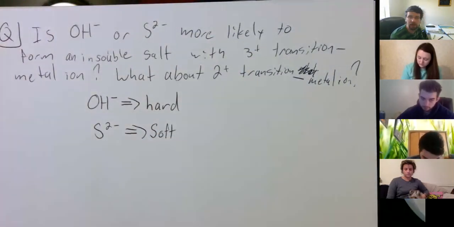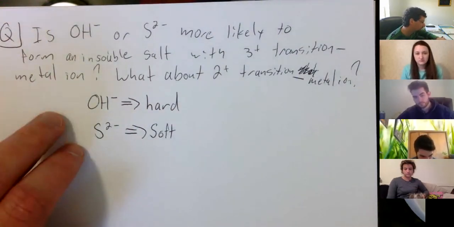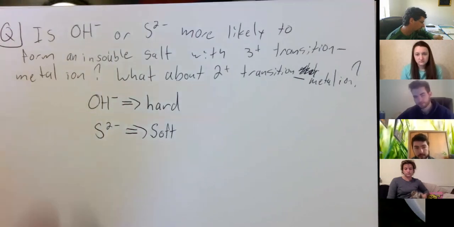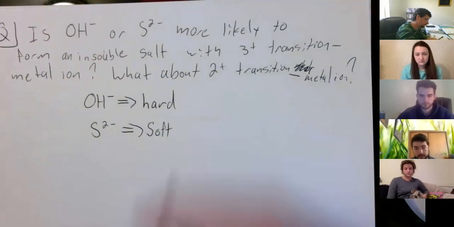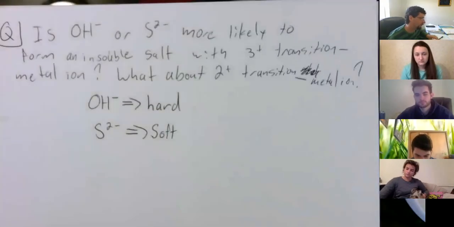Now, which one would form an insoluble salt with a transition metal that had a 3+ charge? It would be OH minus, because they're both hard. Yeah, hard makes something insoluble, right?